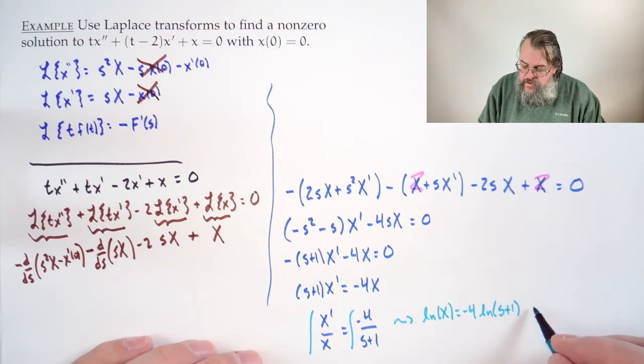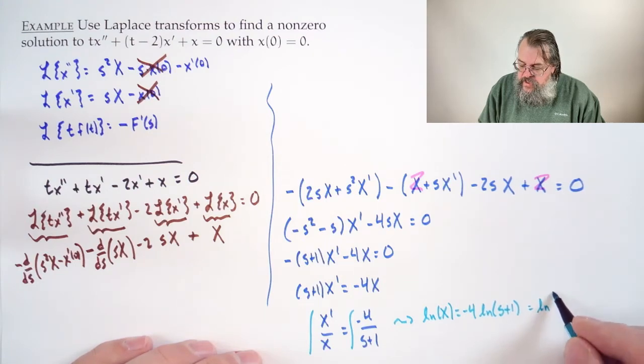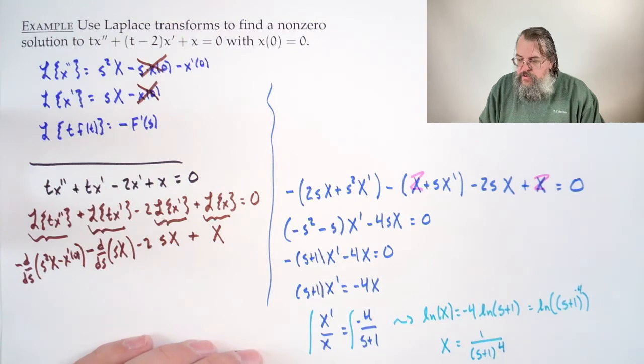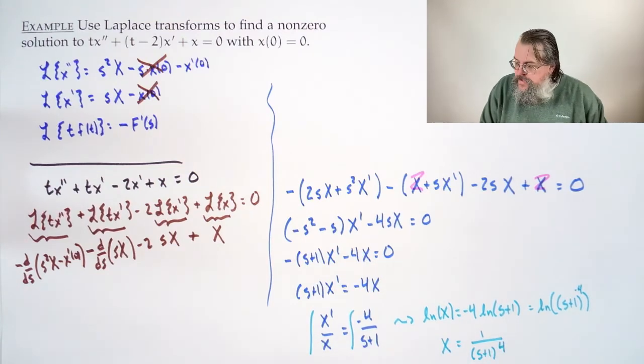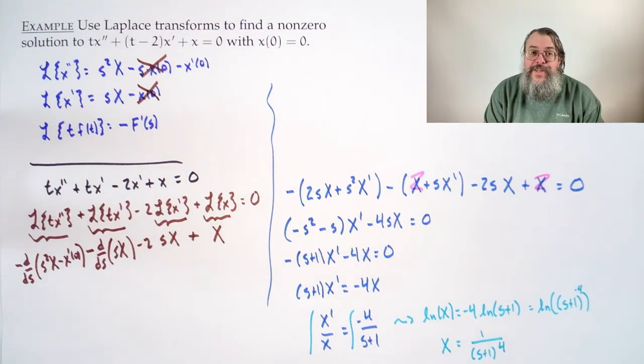Well, of course, that's the same as natural log of s plus 1 to the negative 4. So that x is equal to 1 over, because that's what the minus exponent means, s plus 1 to the 4th power.